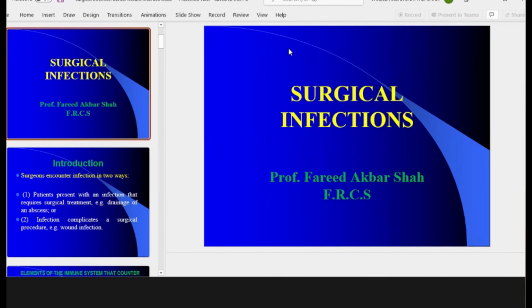That is one reason. Number two reason is this, that there are systemic manifestations with fever. Patient is unwell. Patient has SIRS. Patient has sepsis. Patient has septic shock. These are the conditions where you will use antibiotics plus the drainage.